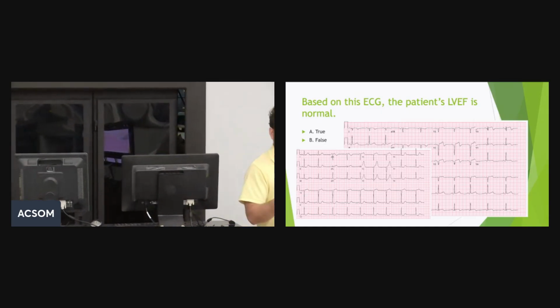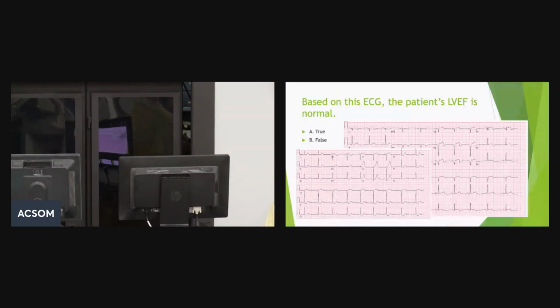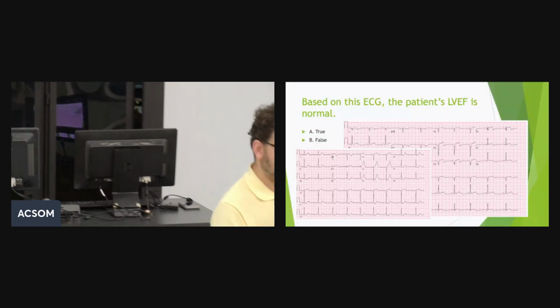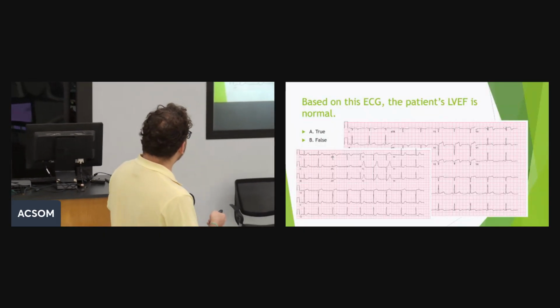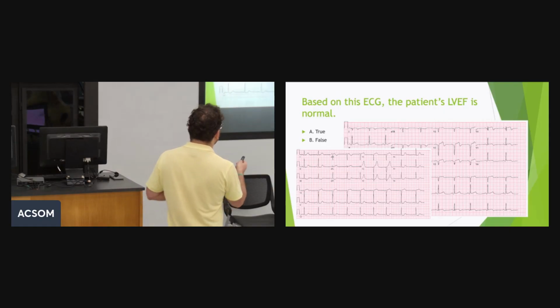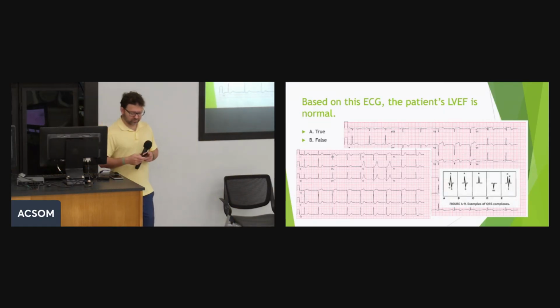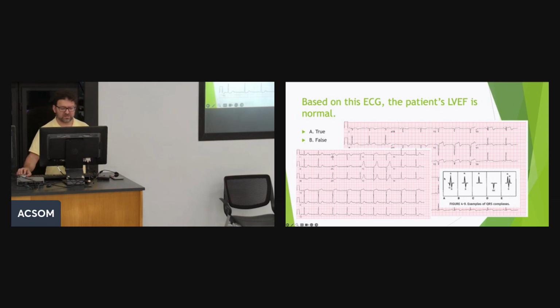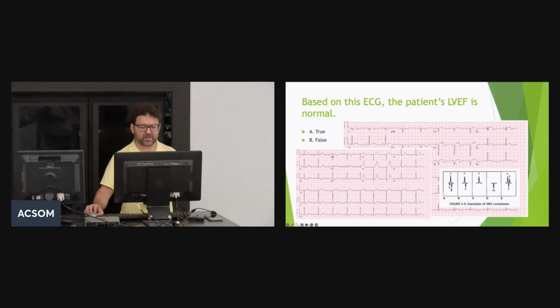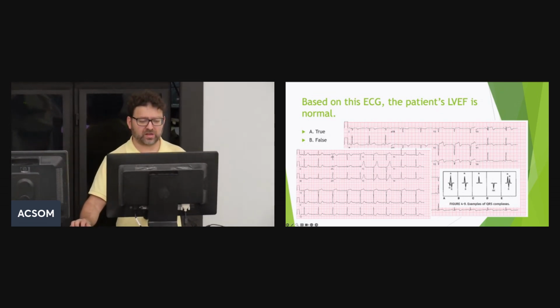For the first years, I know you use your UWorld or whatever for USMLE. This is what we're talking about. This is a QRS complex. The downward deflection is a Q. The RS has only an upward deflection. Monophasic R. This is only a downward deflection.